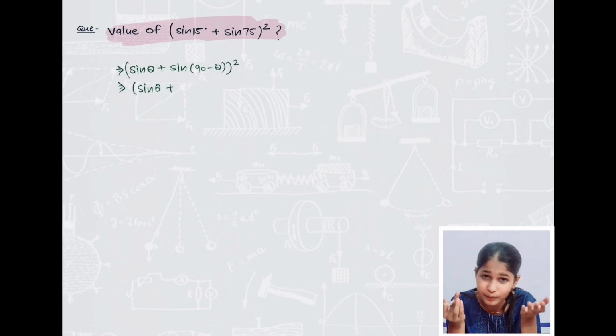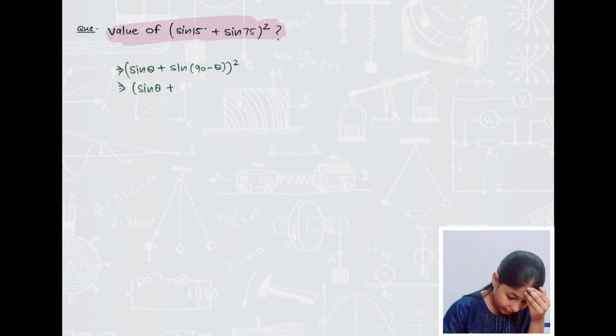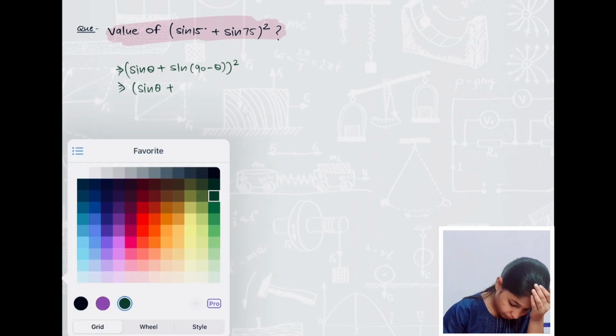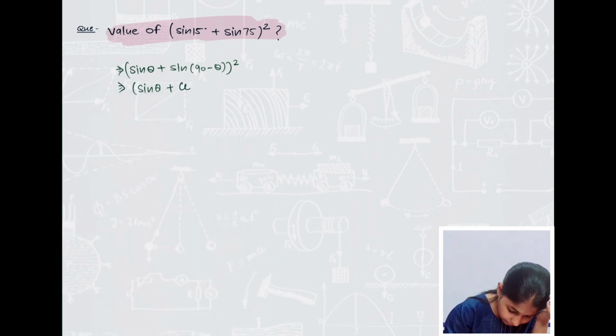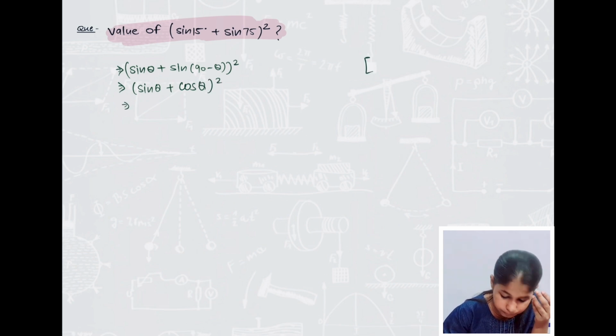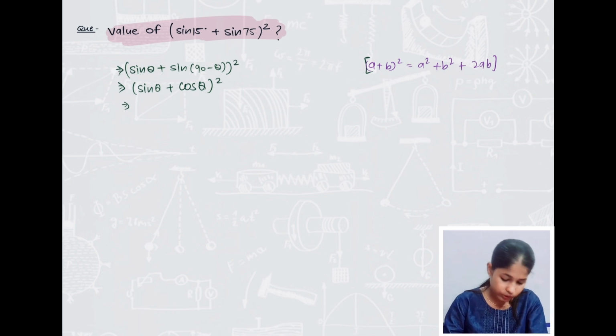Okay. But it will be converted into (sin theta plus cos theta) whole square. As you already know, (a plus b) whole square will be equal to a square plus b square plus 2ab. In this way you have to solve it.